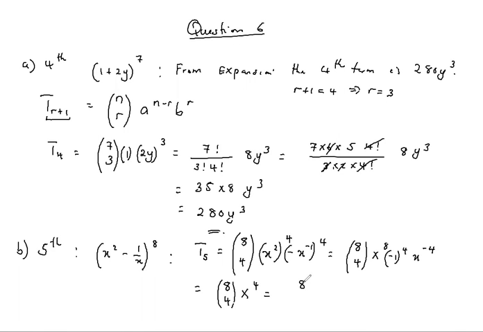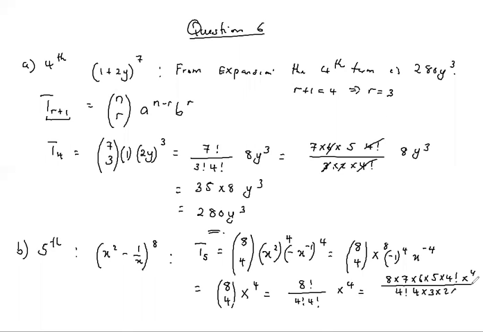Then you solve for 8 factorial over 4 factorial 4 factorial, x⁴, which becomes 8 by 7 by 6 by 5 by 4 factorial x⁴ over 4 factorial, then the other one will expand.